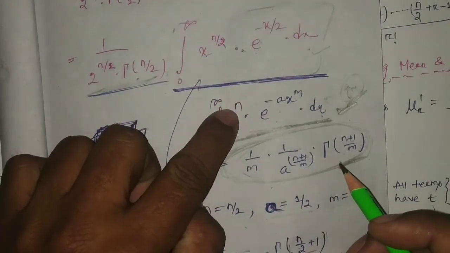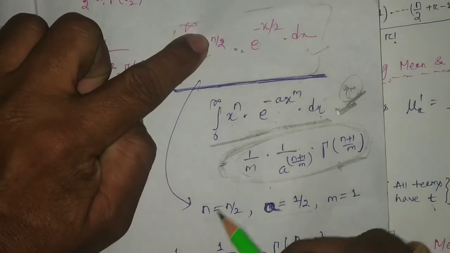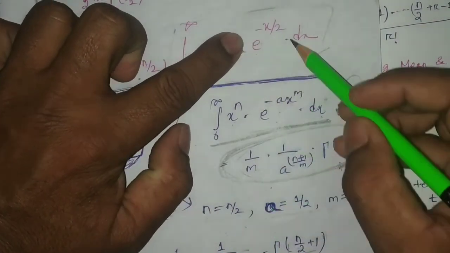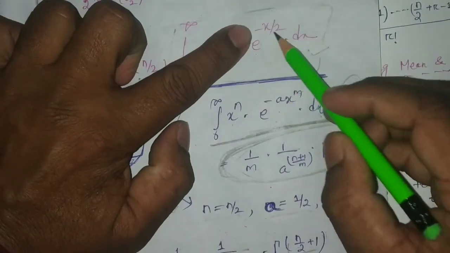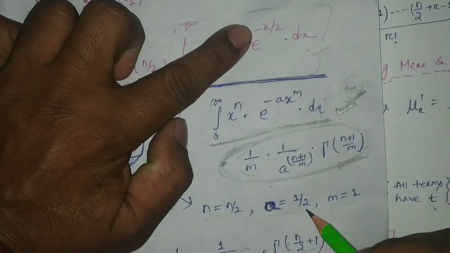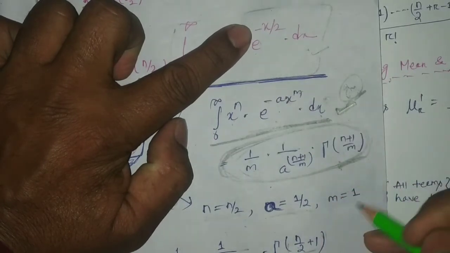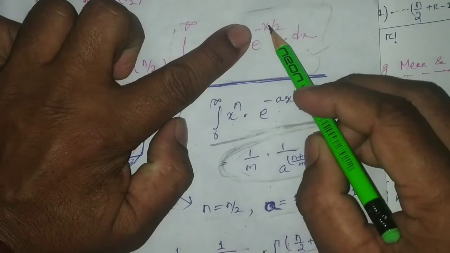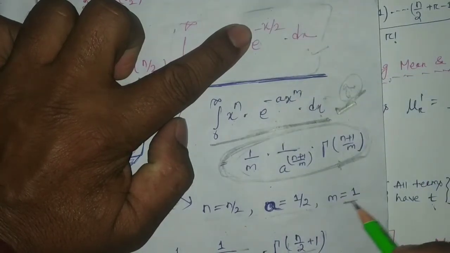that here n is nothing but n by 2. Comparing this one and this one, here a is nothing but 1 by 2, and m means x to the power m. Here it is x to the power 1, so m is 1.